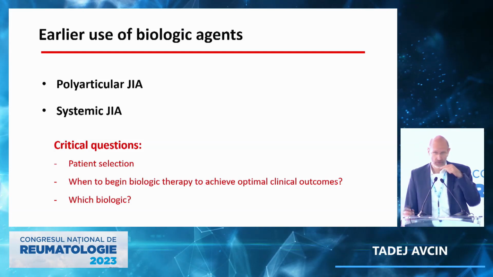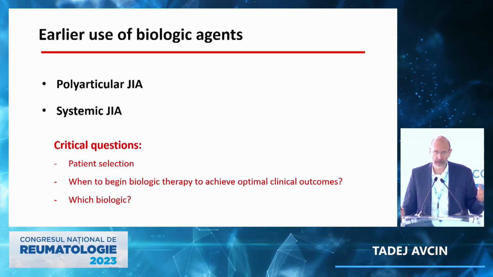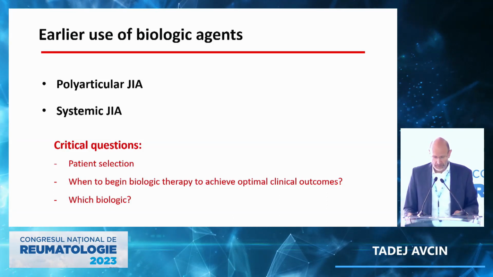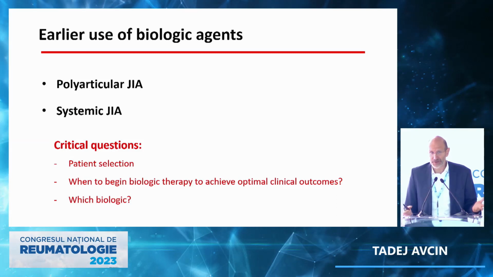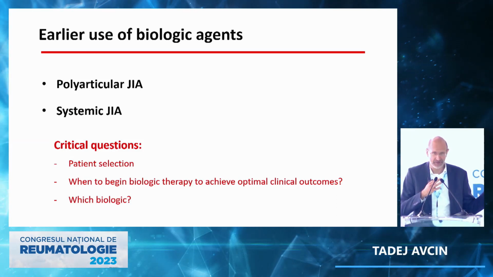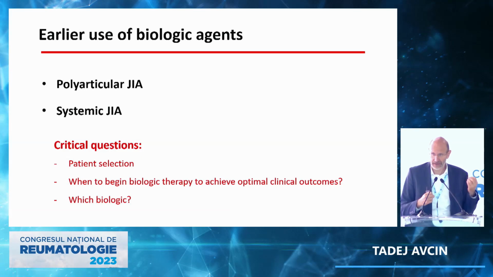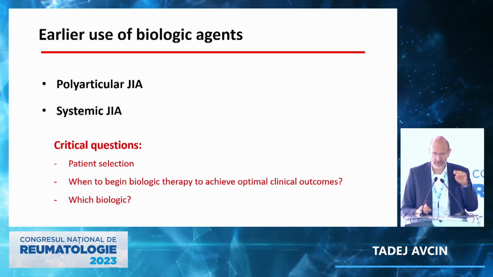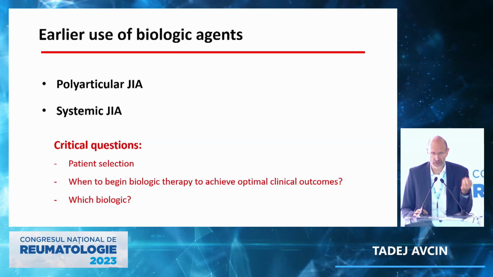The thing is, and you will see it also in the clinical trials, that we as pediatric rheumatologists are more biology-based and would like to subclassify disease based on biological features.